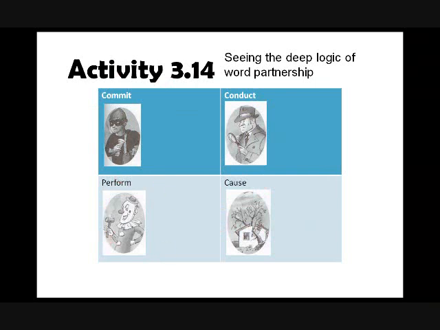Okay? And what I would like you to do is I'm going to show you another list now, and it comes from the worksheet from the book. And what you're going to do is try to take all of the partnerships that should go with these 4 words, and on your paper or on your notebook or in your mind, I would like you to match them up. So what goes with commit, what goes with conduct, what goes with perform, and so on.